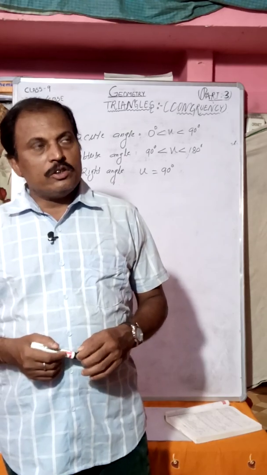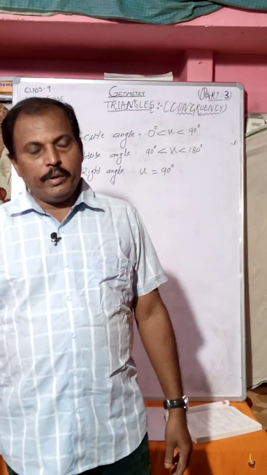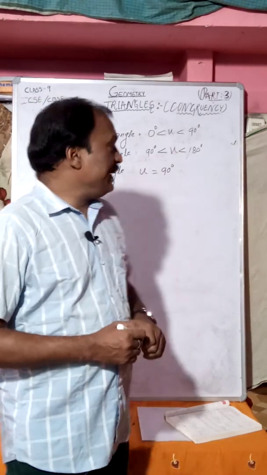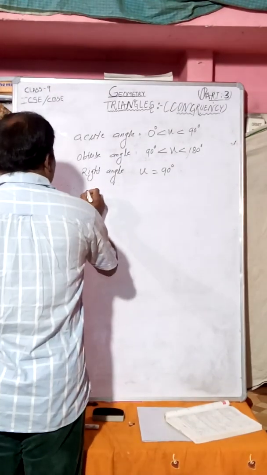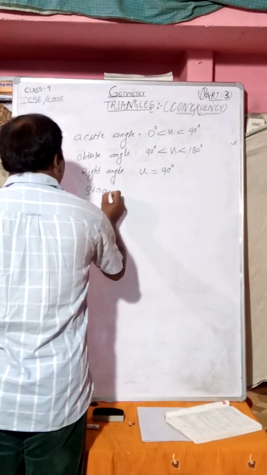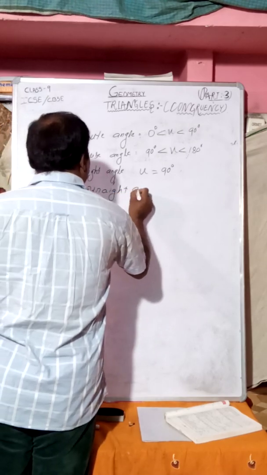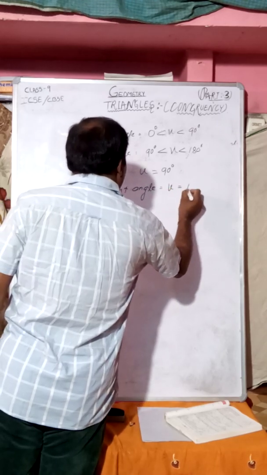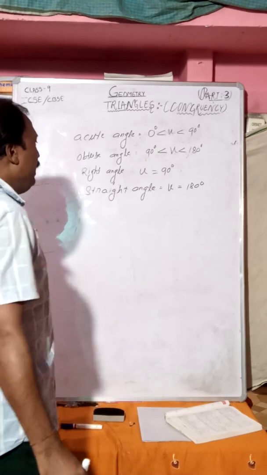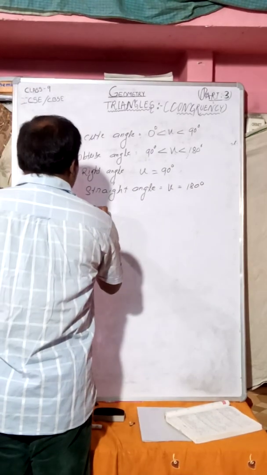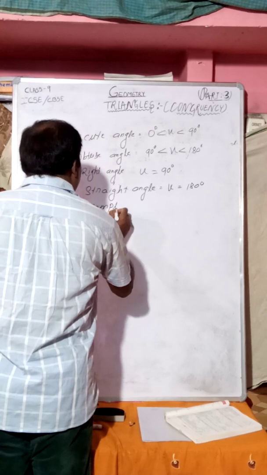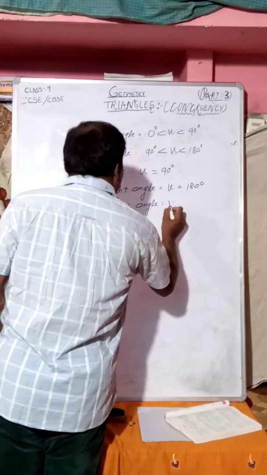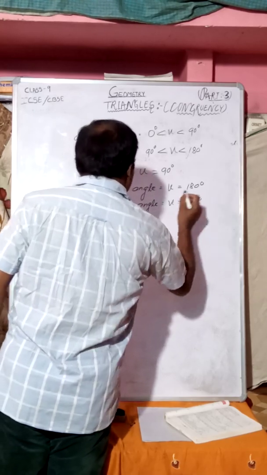Yesterday we discussed acute angle, obtuse angle, right angle, and next we will discuss straight angle. Straight angle is equal to 180 degree, and complete angle is 360 degree.